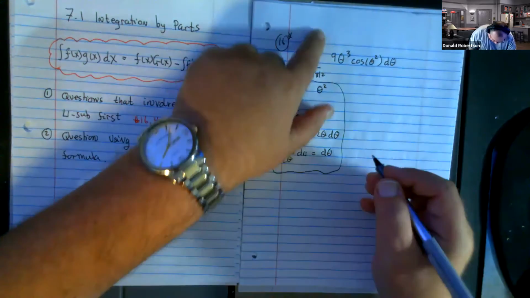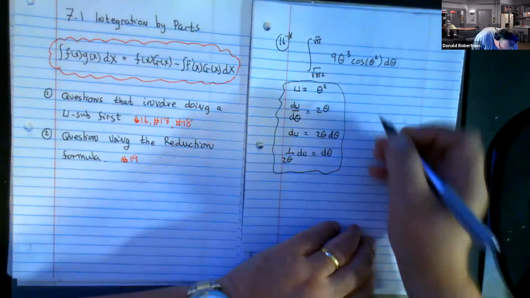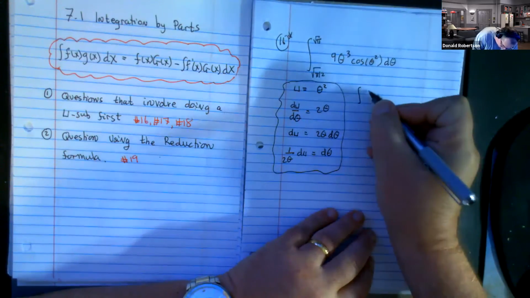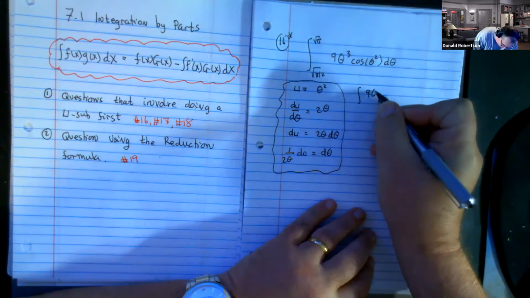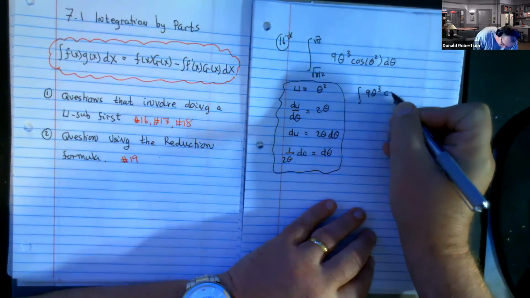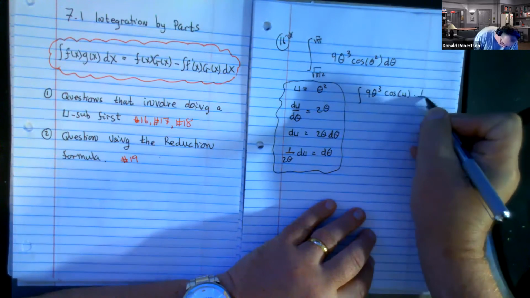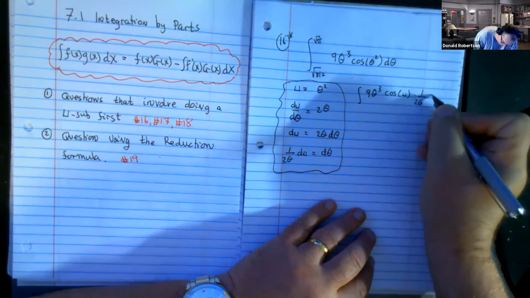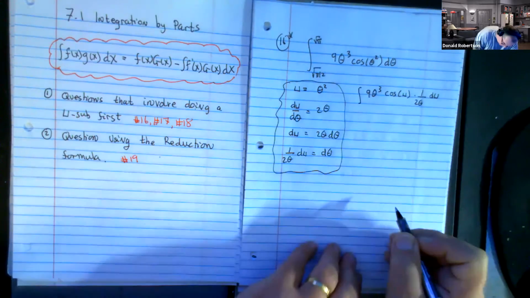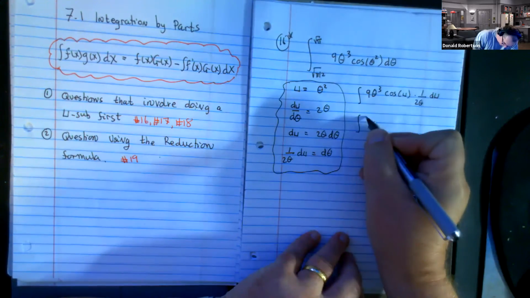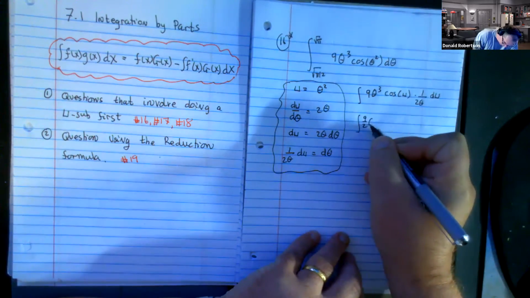So as I say, we're just going to pretend the limits are not there for the time being. So it's the integral of 9 theta cubed cosine of u, 1 over 2 theta du. And that gets me 9 over 2 theta squared cosine u du.